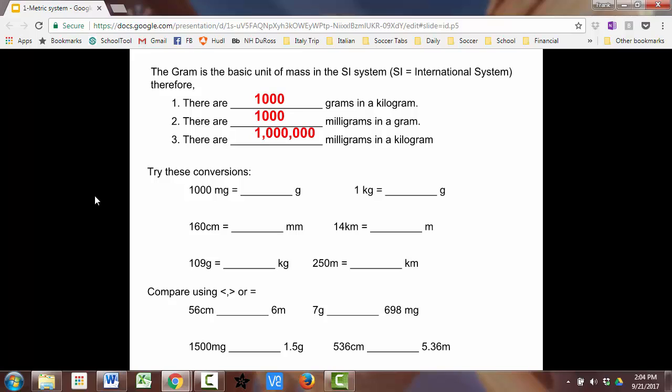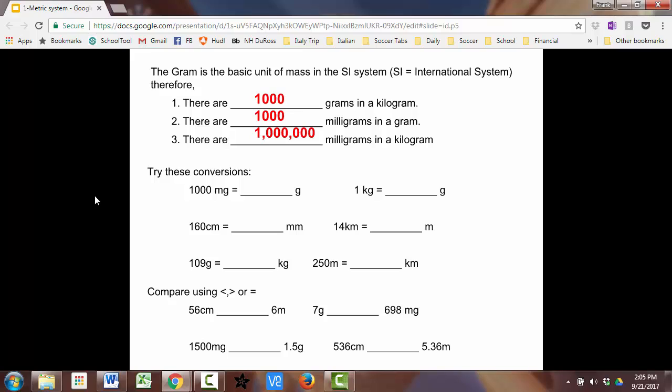All right, I'm going to put this up a little bit. Milligrams, let's look at some of these conversions. Milligrams to grams. If I want to convert milli to the base unit, grams, first tell me how many places and which direction am I moving the decimal place. Bella? 3 times to the left.